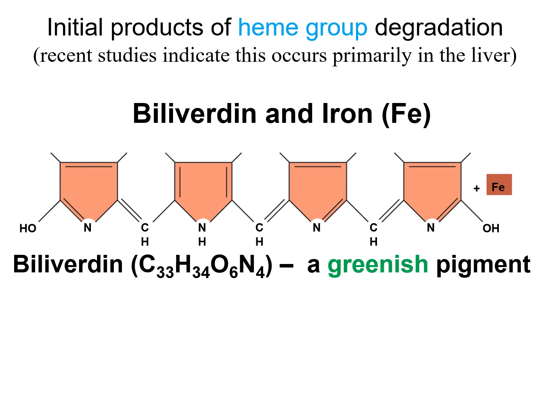We're pulling the iron out of the center, and there's those 4 rings, still connected together, but the iron's, of course, detached. And this particular compound here, this 4-ringed compound, is referred to as biliverdin. It's kind of a funny name. And if you were to see biliverdin, it would have a greenish color to it, green pigment. The liver, again, produces this as it initially degrades the hemoglobin.